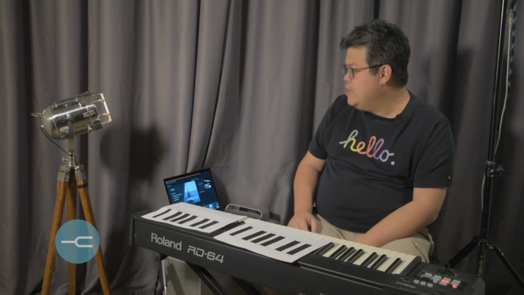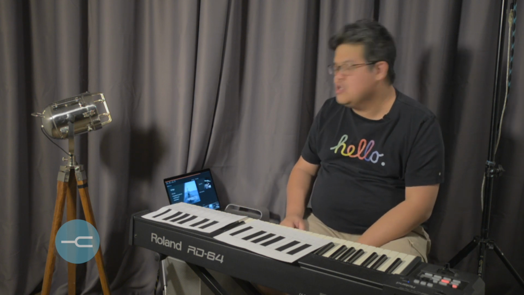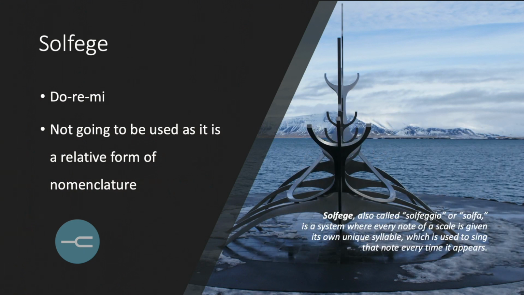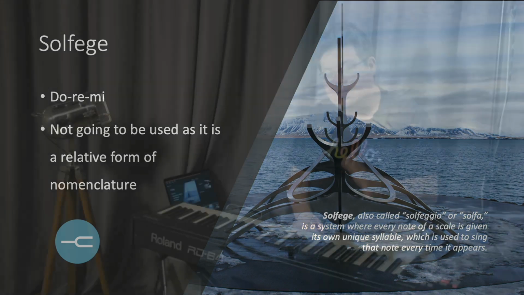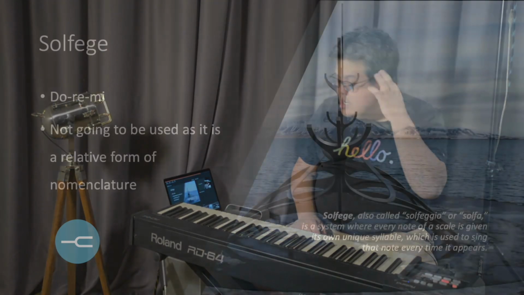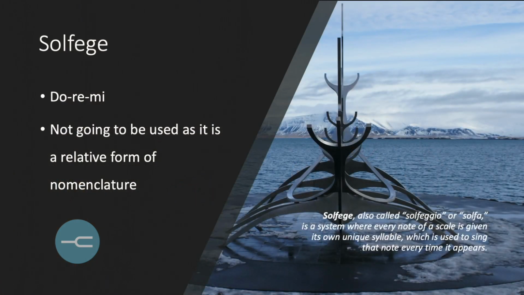Now I just wanted to talk about solfege. Some people sing in terms of do re mi. If you have watched The Sound of Music, do re mi is basically solfege. But I'm not going to be using do re mi for this whole series, because solfege is basically a relative form of nomenclature.